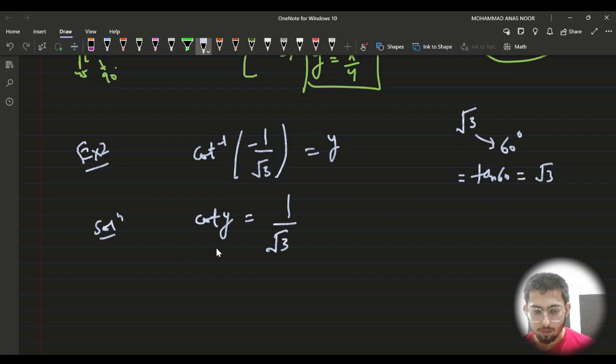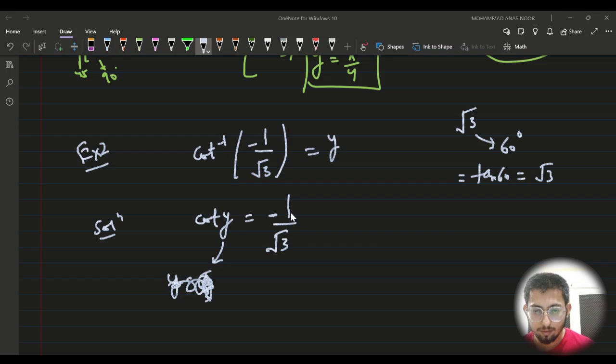So y is equal to pi by 3. Oh, I'm sorry, this is negative. You have to get minus. Okay, wait. So y would be minus pi by 3.